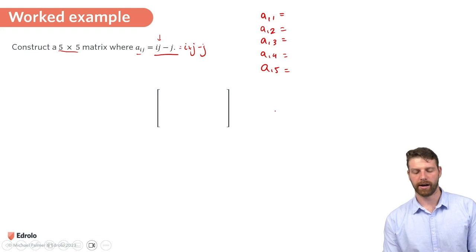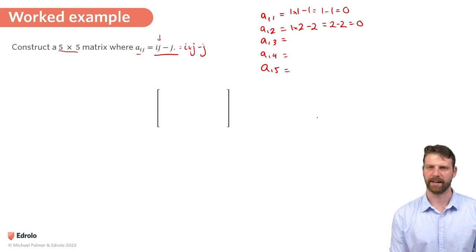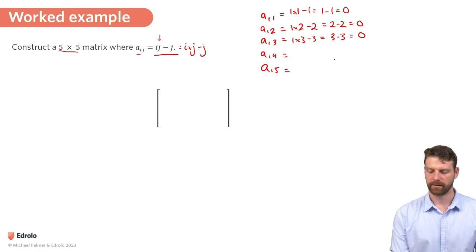So I think I should have 1 times 1 minus 1, which gives me 1 minus 1 is 0. A12, I've got 1 times 2 is 2, minus 2 is 0 again. Okay, let's see if this pattern continues. I've got i is 1 and j is 3. So I've got 1 times 3 minus 3, which is 3 minus 3, is 0. Seems like that's going to keep happening.